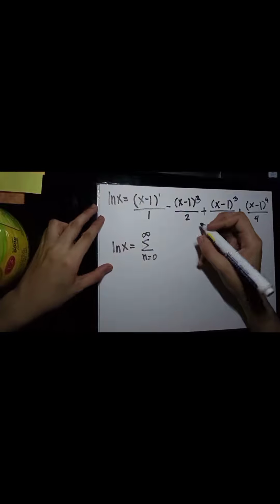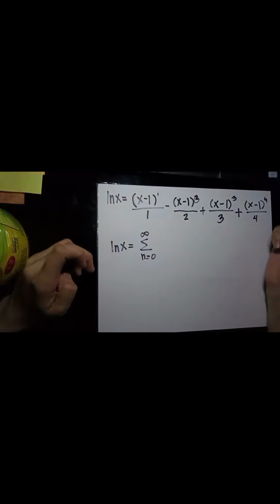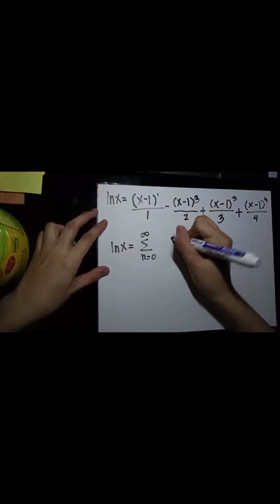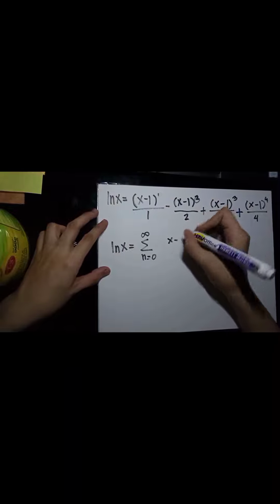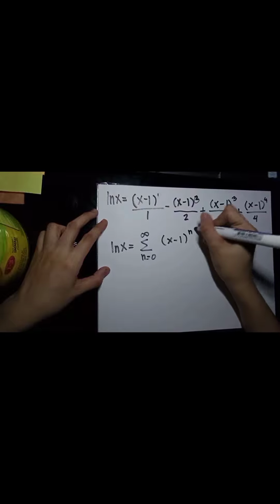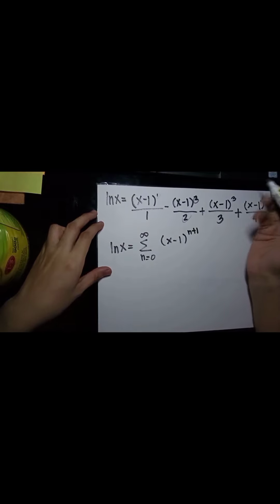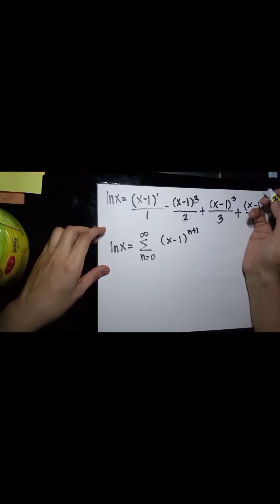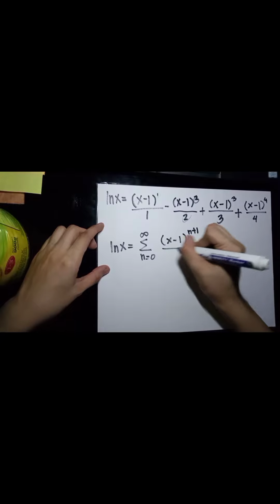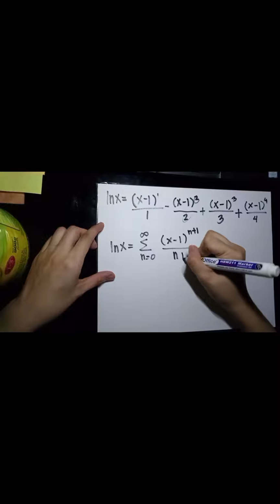So therefore it's always 1 more than our n value. So we're going to have n plus 1. So this is going to be x minus 1 raised to n plus 1. Since the numbers are the same, we need to have the n plus 1 expression on the bottom.